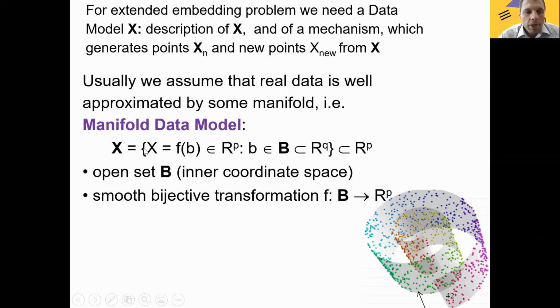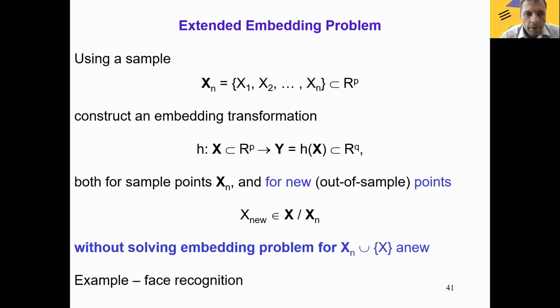If somehow we can construct such a manifold data model, that is, recover function f and lower dimensional representation b, such that our data can be accurately approximated in this way, then based on this manifold data model, we can construct this embedding function, which works out of sample.